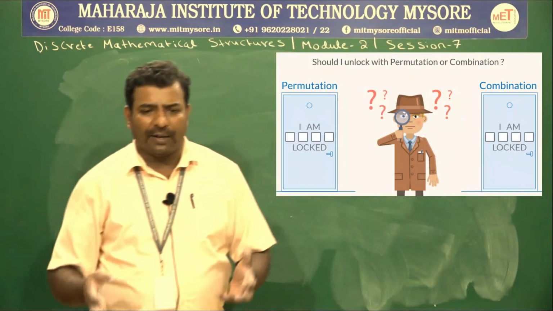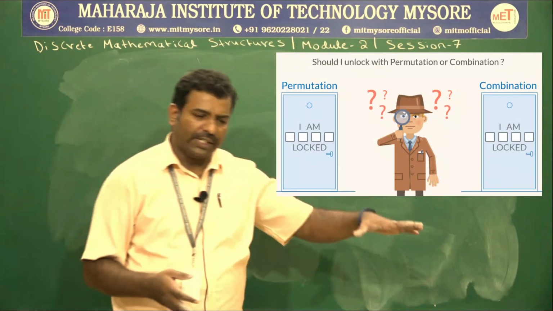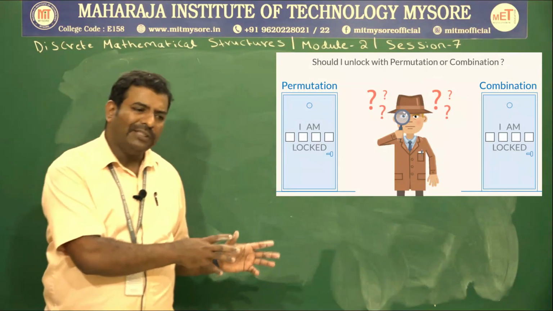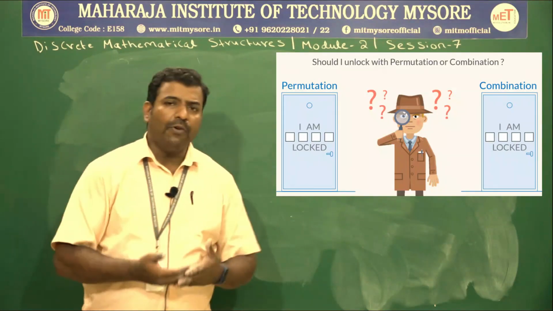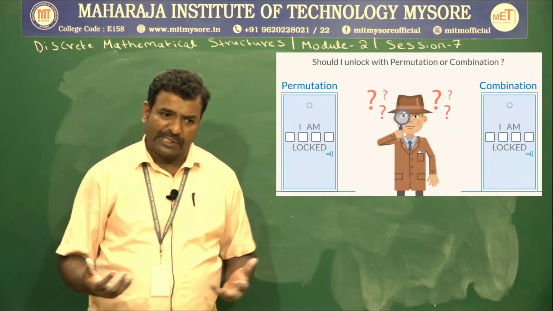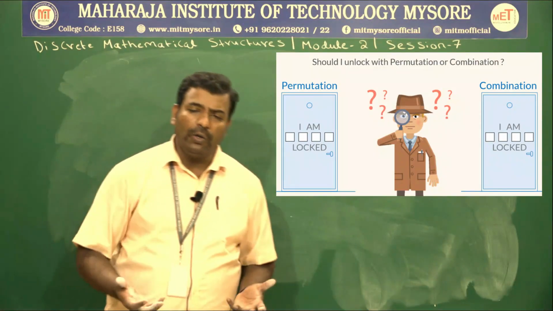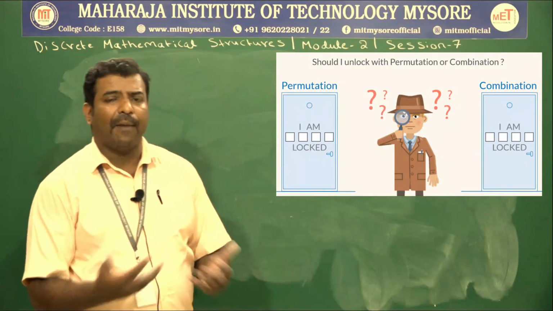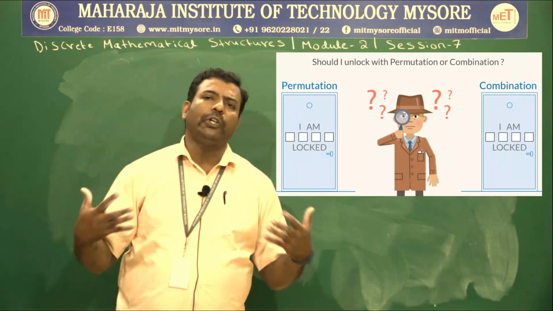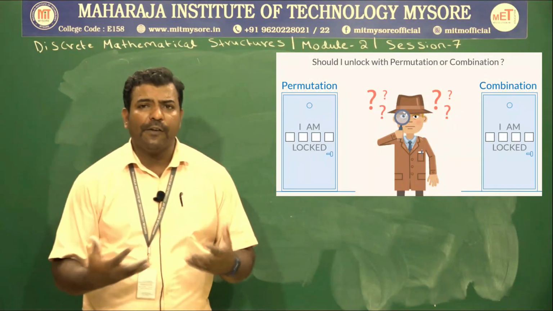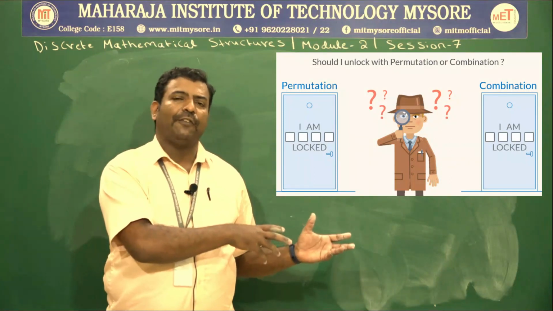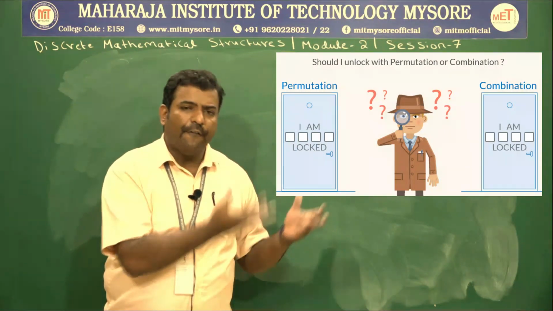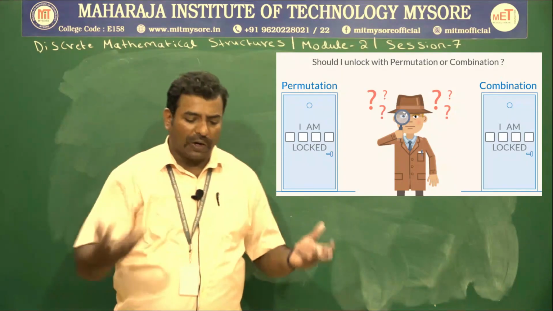That is going to be R. That is, out of 10 objects I need to pick now 4 objects. N is 10, R is 4. Now do you think about permutation, that is P n comma R, or do you think about combination C n comma R? Now which formula I need to use to say how many ways are there, so that I can find one right way which is going to help me to open this locker.